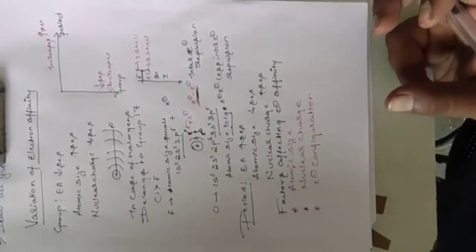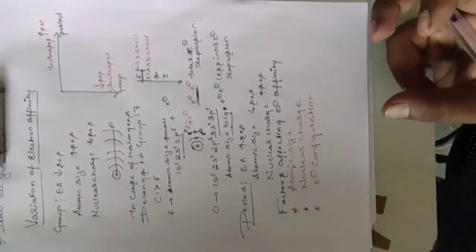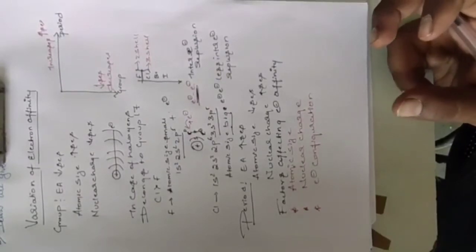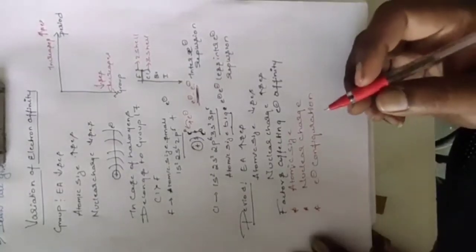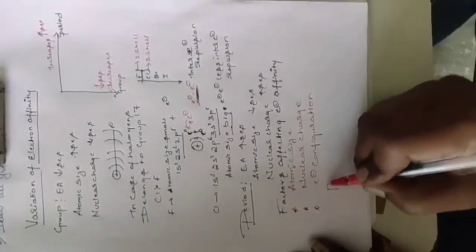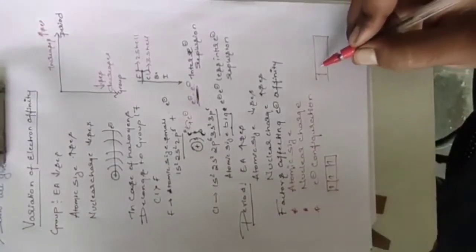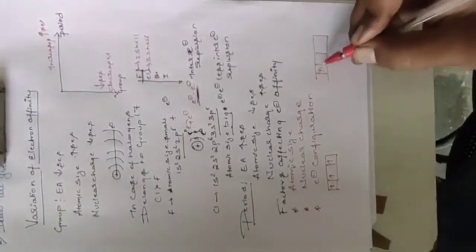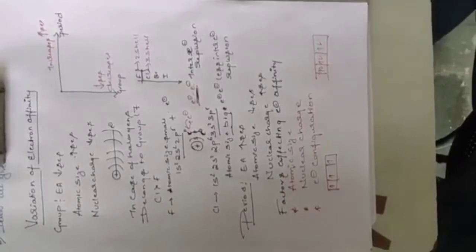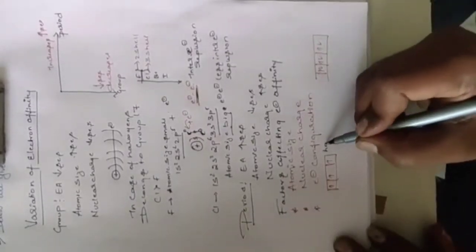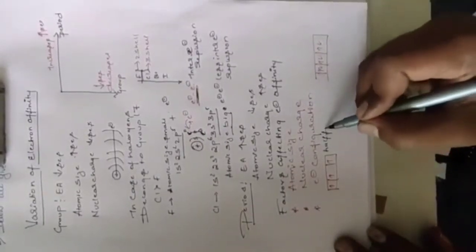The atoms which have completely filled and half-filled configurations have electron affinity of 0. For example, in a p orbital, if it is half-filled, or noble gases, which are completely filled.